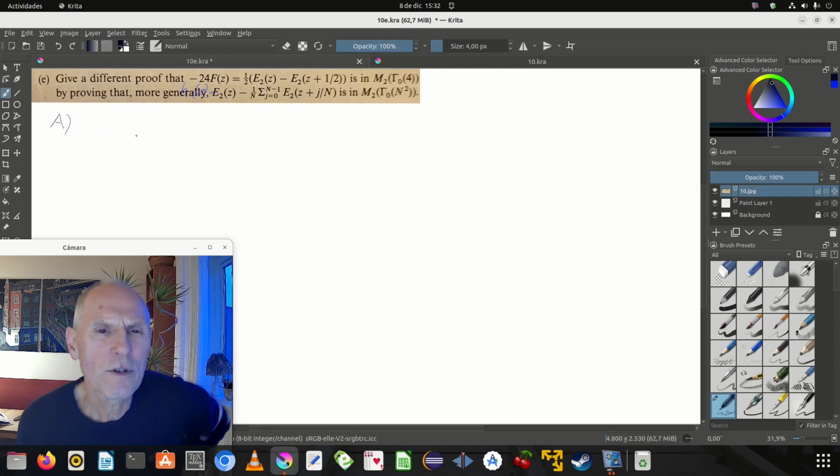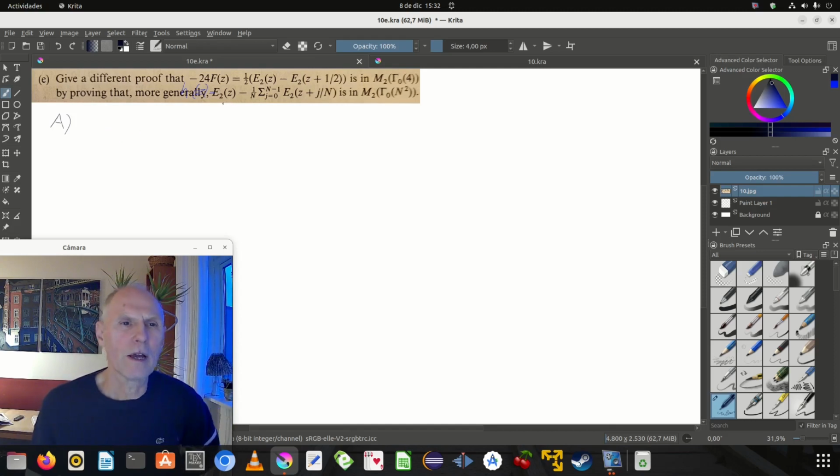And there we need to go through the action of all gammas, of course in gamma naught of n squared, but all gammas in the special linear group over z.